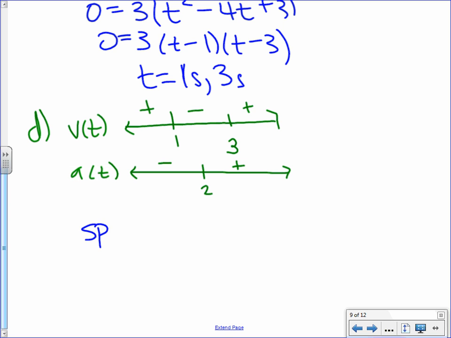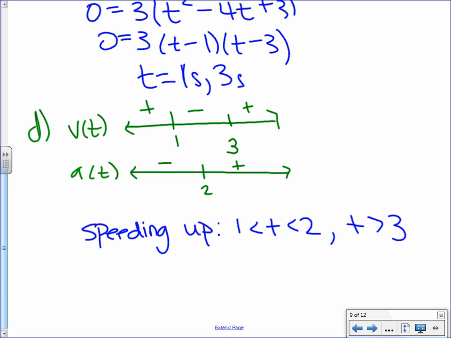We are speeding up when our signs are the same: between 1 and 2, and greater than 3. I'm going to write it differently this time, with t's, using greater than and less than. Let me see what I do on my keys for the homework.